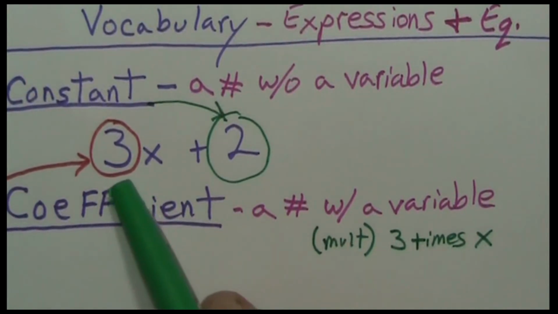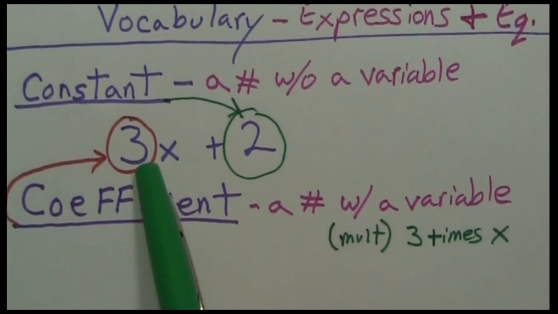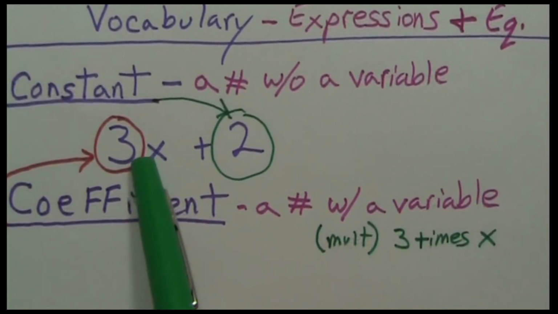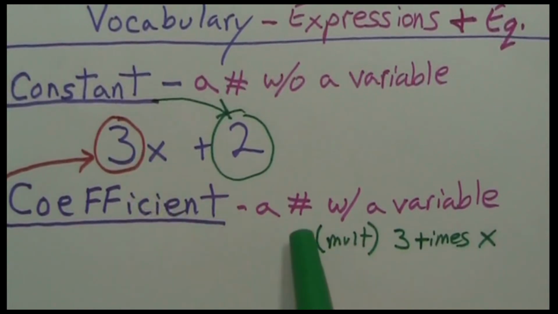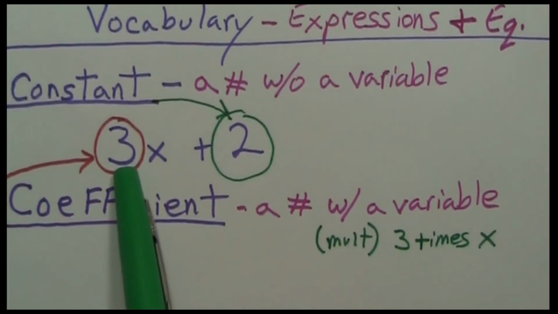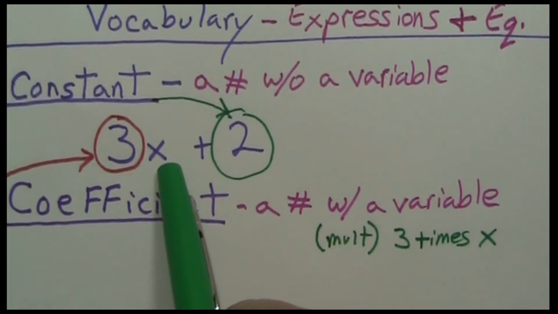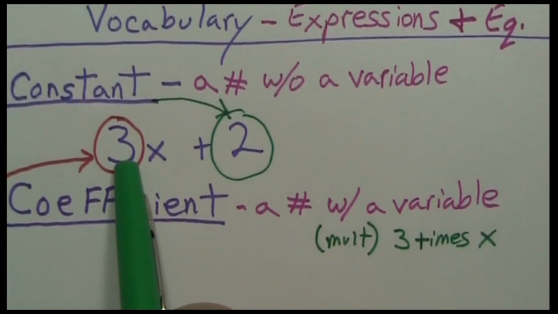So this right here is actually 3 times x. So coefficient is a number next to a letter, next to a variable. It's a number with a variable. And this is actually times. 3 times x. That's a constant. That's a variable. I'm sorry. That's a constant. The letter's a variable. This is a coefficient.